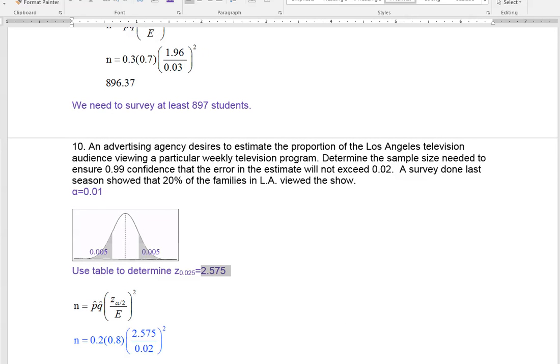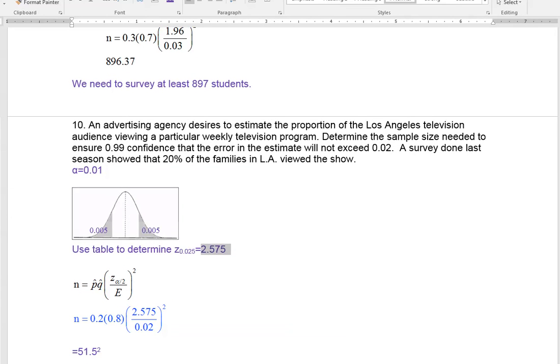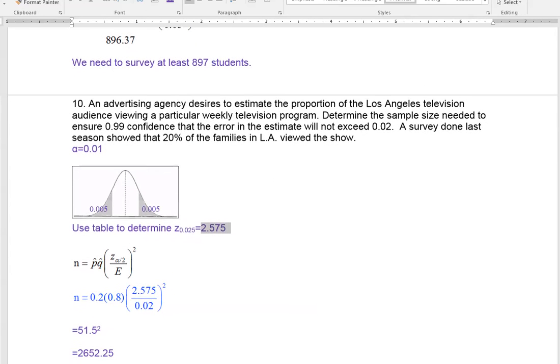And so we get 0.2 times 0.8 over 2.575 over 0.02 squared. I'm going to double check that calculation because I wrote things a little bit oddly.